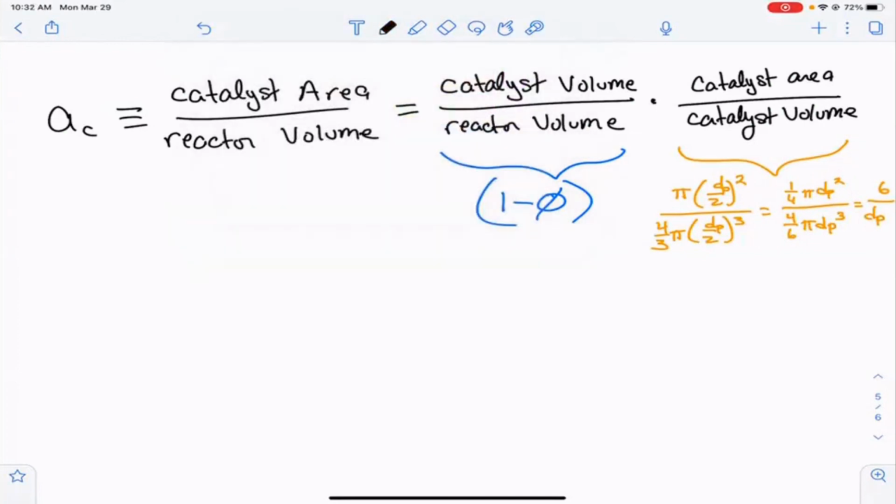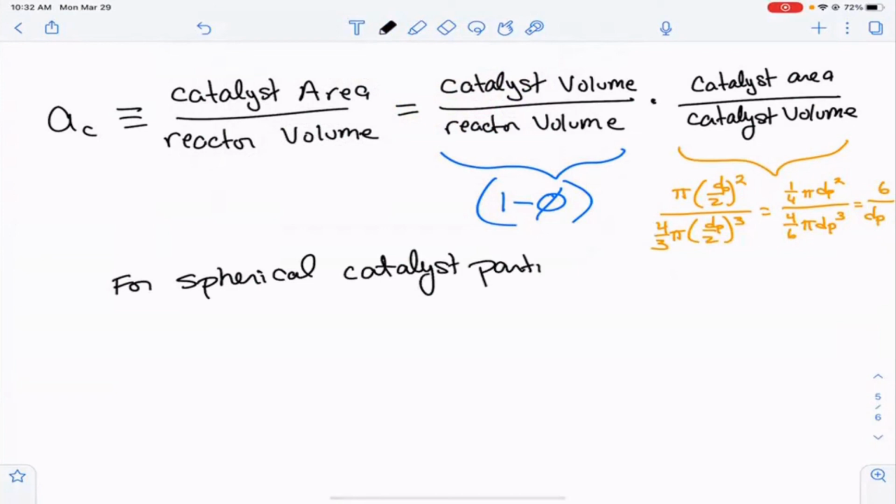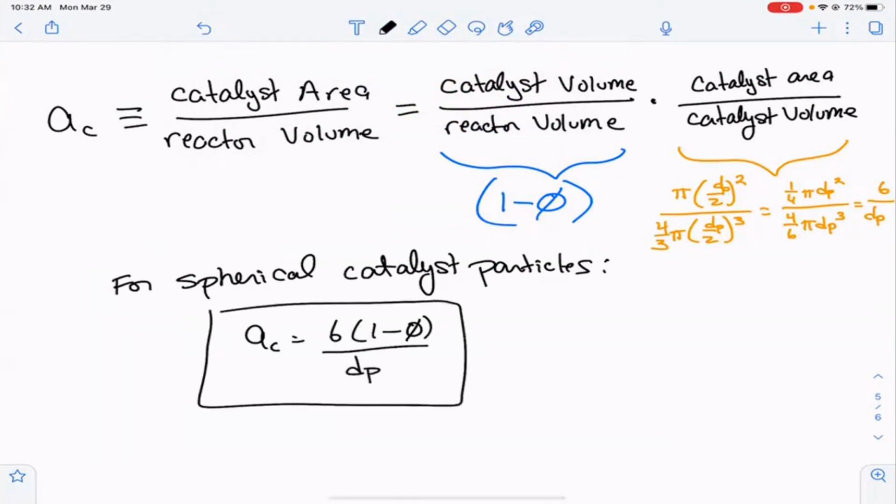And so therefore, for spherical catalyst particles, we know then that AC is just equal to 6 times 1 minus the porosity over the diameter of the particle, which is what I showed in the main part of the lecture.